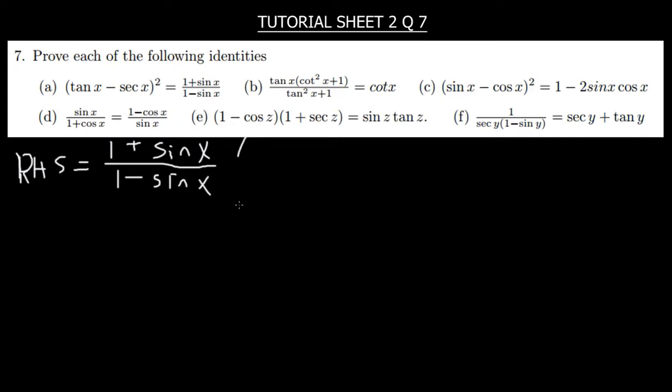So here the first thing that you do, find the conjugate of that. So the conjugate of that will be 1 plus sine x, the conjugate of the denominator, and then on top there you write the same conjugate.